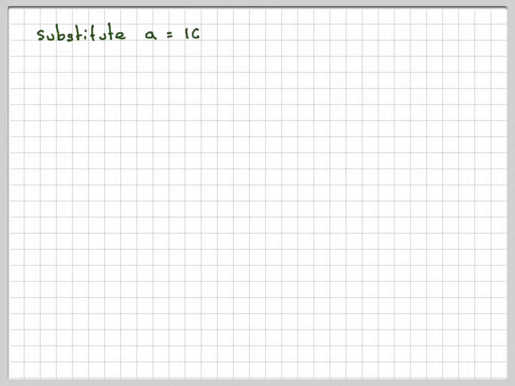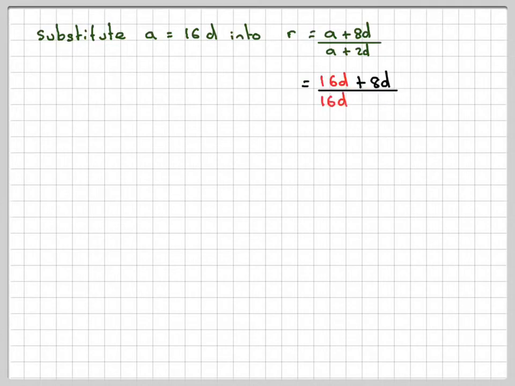So substitute a is equal to 16d into a plus 8d over a plus 2d. We're going to get 16d plus 8d over 16d plus 2d. That's going to give 24d over 18d. The d's will cancel out, and 24 over 18 is 4 over 3.